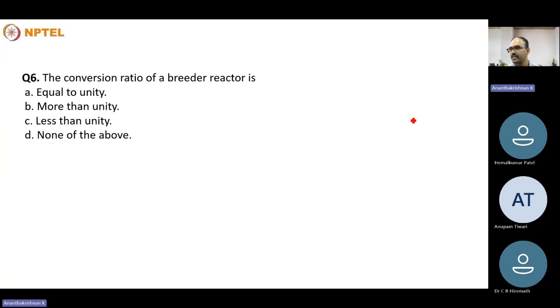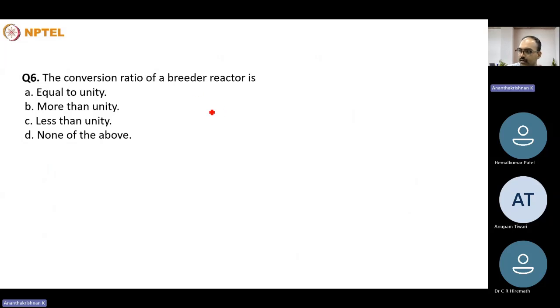Okay, but the question is regarding the conversion ratio of a breeder reactor. Whether it is equal to unity, more than unity, less than unity, or none of the above. So compared to the previous one, the reproduction or multiplication factor, this is slightly different. This relates the number of neutrons bombarding a material and the number of fissile atoms produced.